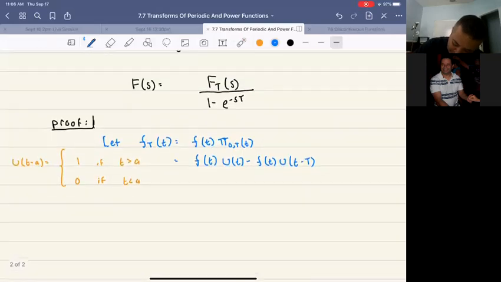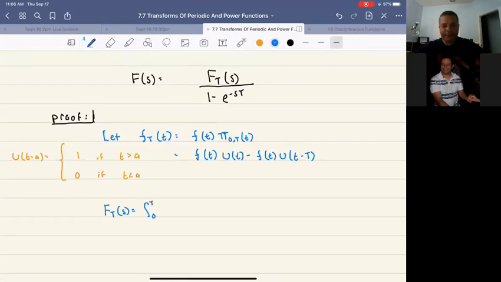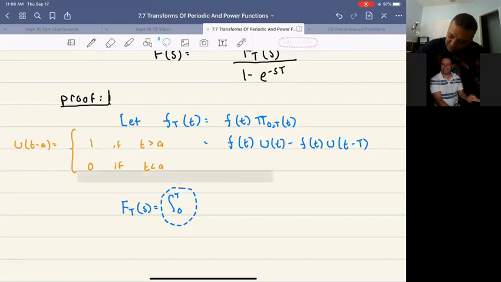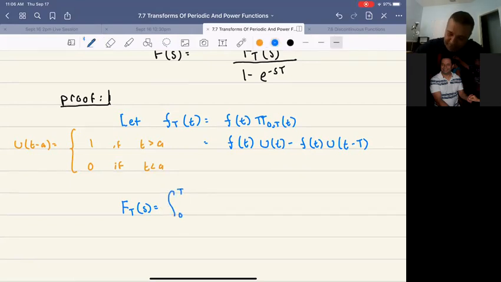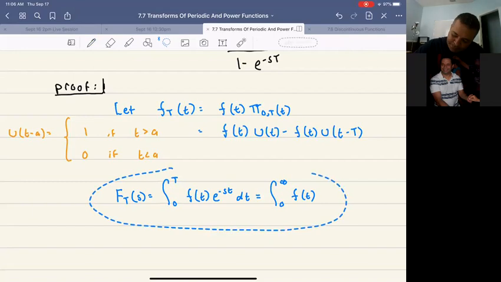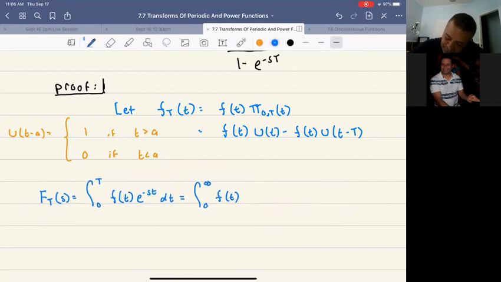So f sub T of s equals the integral from 0 to T of f of t e to the negative st dt, which equals the integral from 0 to infinity of f of t times this window function, which I'm going to write as u of t minus f of t u of t minus T, times e to the negative st, of course.